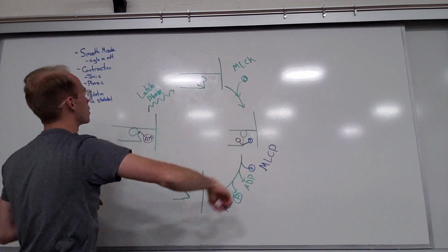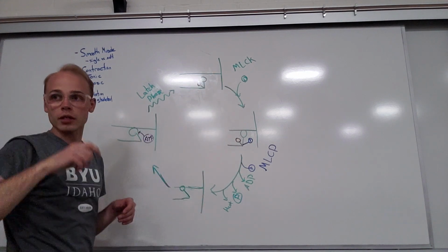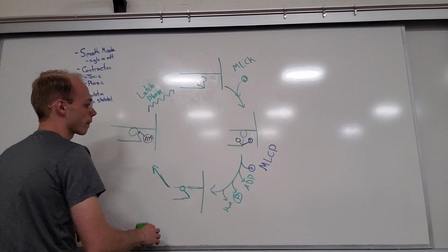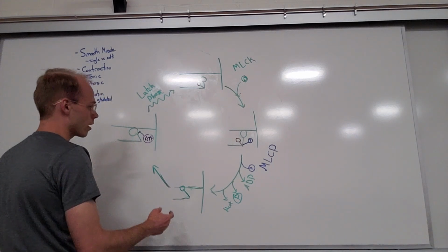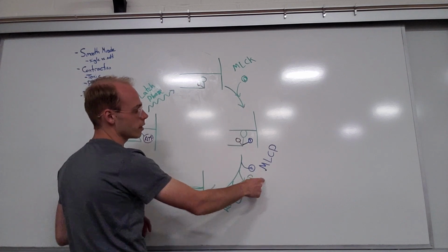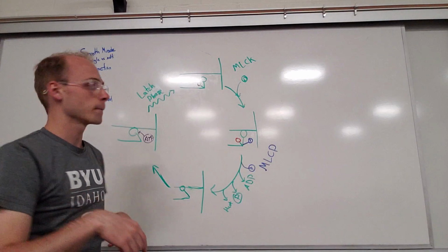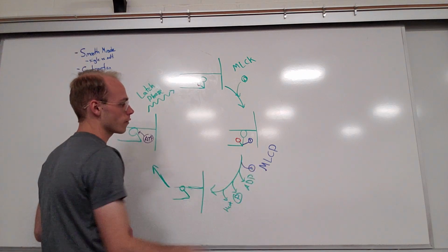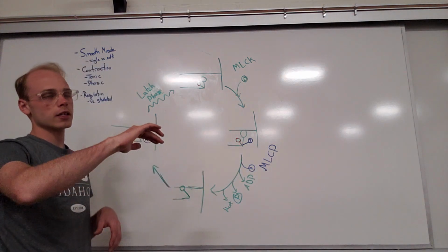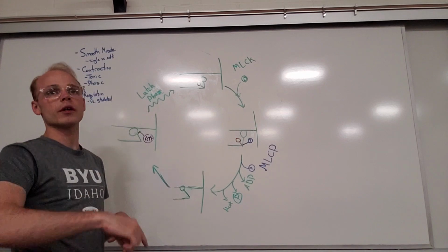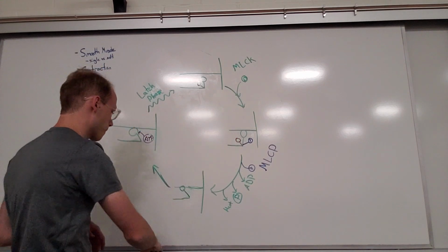And so this is your phasic contraction. And the big difference between the tonic and phasic is when MLCP, which stands for myosin light chain phosphatase, which just cuts off that phosphate, is used.